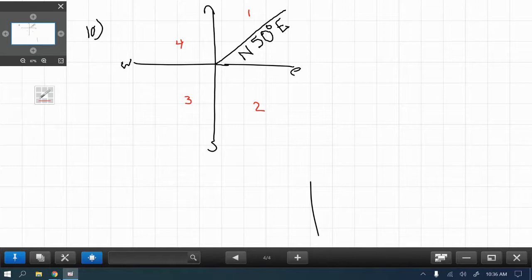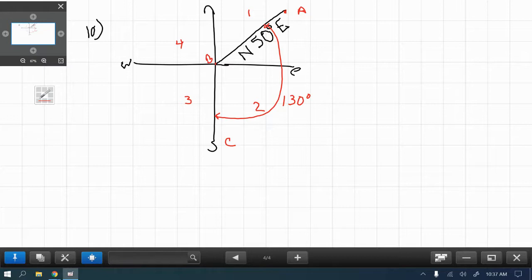Okay. This was C. This was B. And this was A. And then I gave you... so I wanted the bearing from B to A. No, I gave you B to A. I want to know C to B. So what quadrant is this line in?